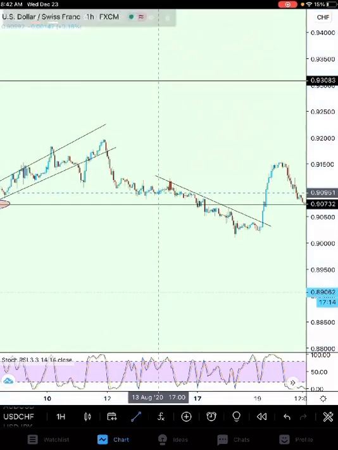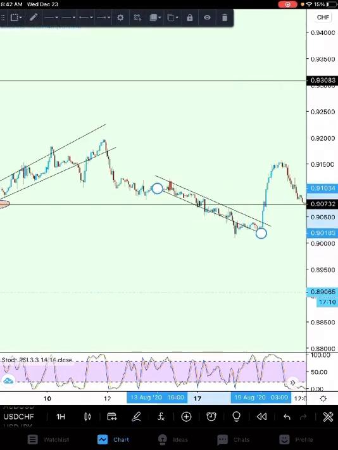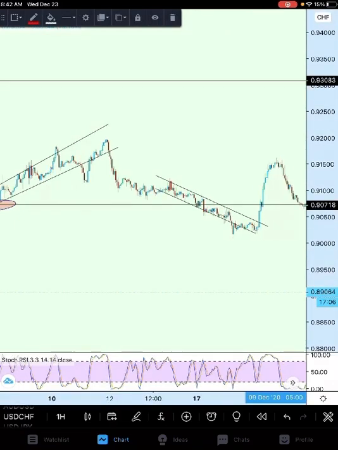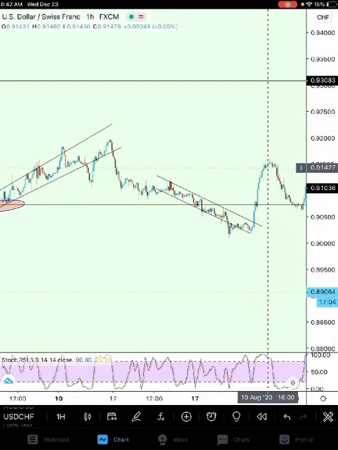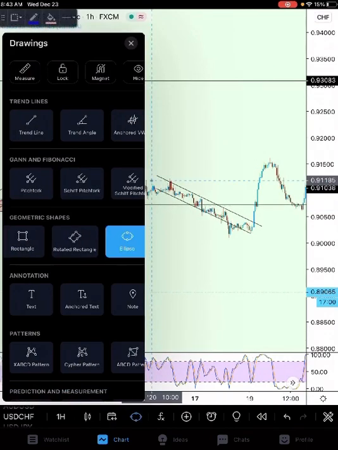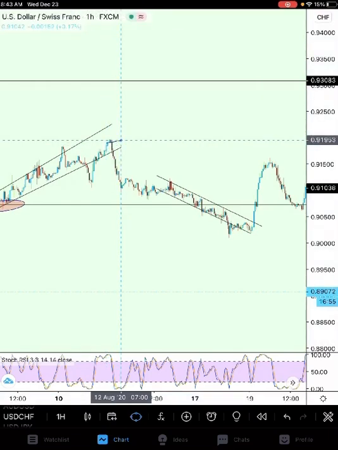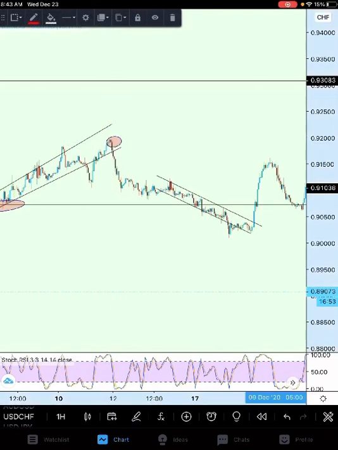See, this is a little channel right here, 1 hour channel. Okay, it broke out of it. See, the move. The move. Alright, let me just see real quick where these are coming into.